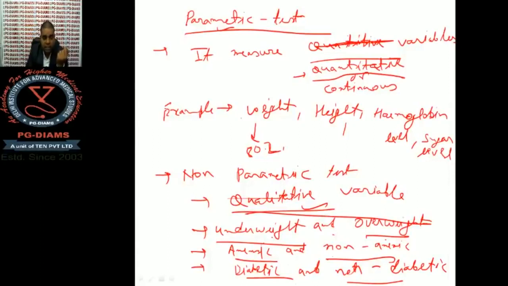So in all these cases where we have to use a qualitative variable, we measure it with the help of non-parametric tests. But if you have to measure a quantitative variable, we measure it with a parametric test. Okay. Now look at these two types of tests.